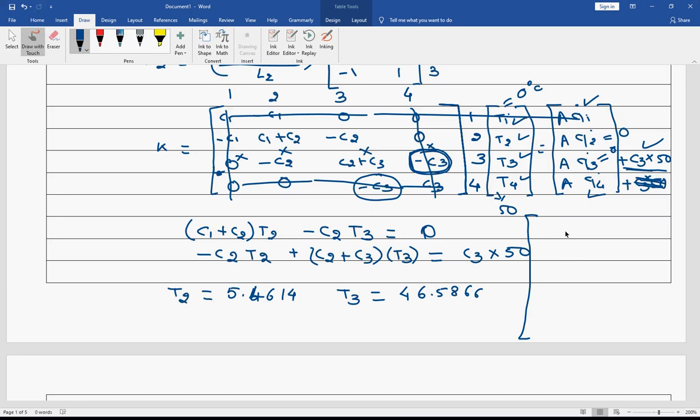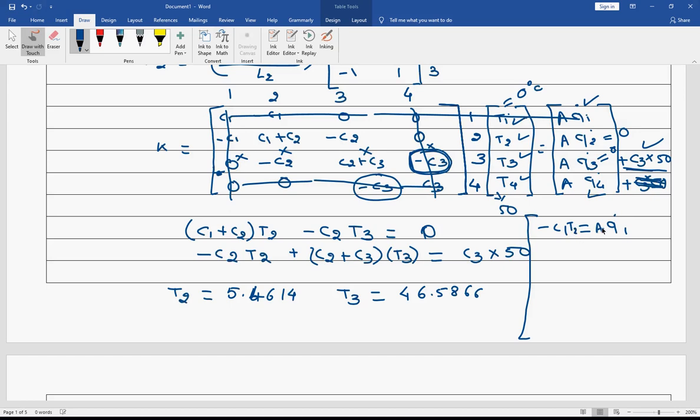So C1 into T1, where T1 is 0, and then C2 into minus C1, so minus C1 into T2 is equal to A into Q1 dot.